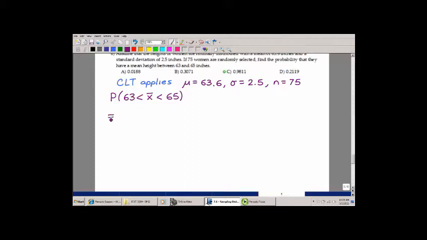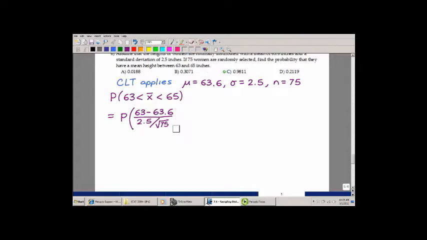So we convert these both to Z's. So it'll be 63 minus 63.6, divided by the standard deviation over the square root of n. So it'll be 2.5 divided by the square root of 75.